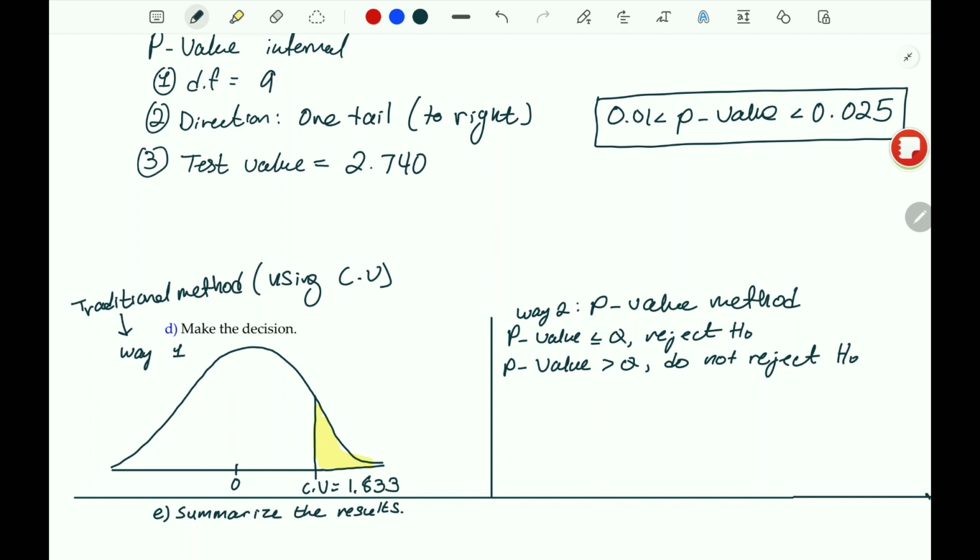Now, if your test value lands in the shaded area, you're going to reject the null hypothesis. And if the test value does not land within the shaded area, do not reject the null hypothesis.